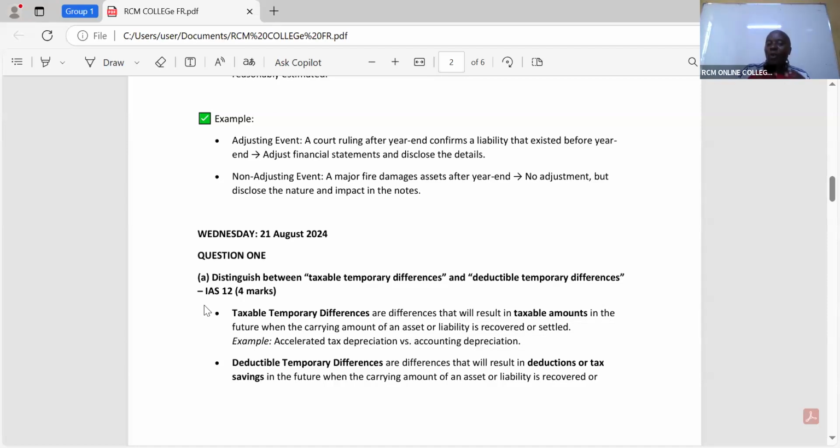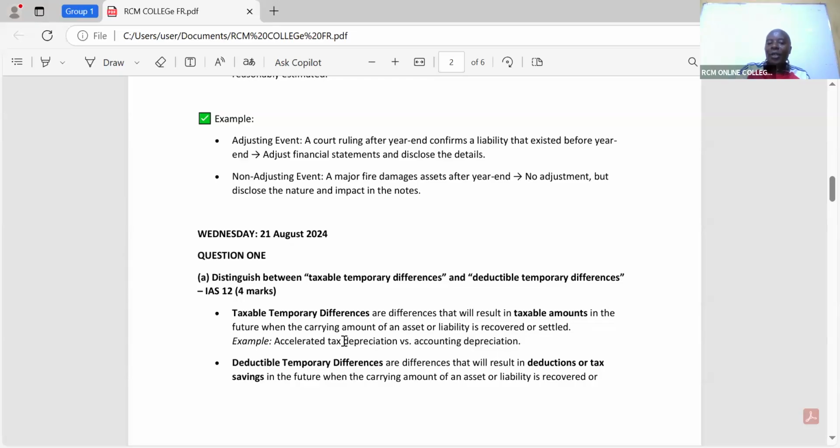It's a gain, and of course, all gains that you get in a company, you must pay tax on them. So whenever you hear of taxable temporary differences, these are differences that will result in taxable amounts, in gains. Taxable amounts are gains in the future when the carrying amount of an asset or liability is recovered or settled.